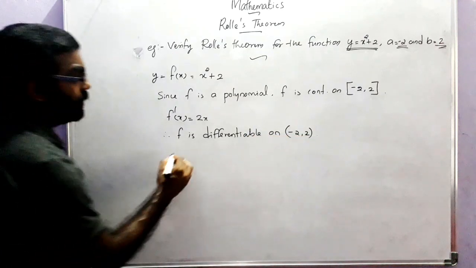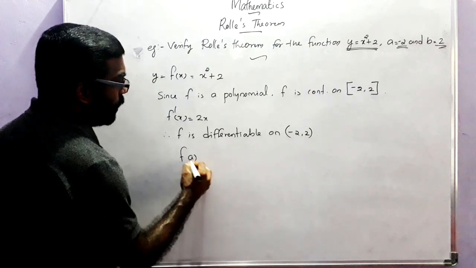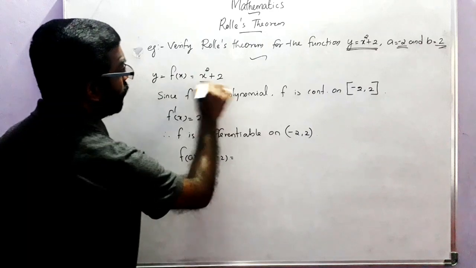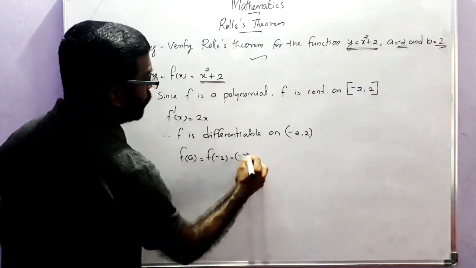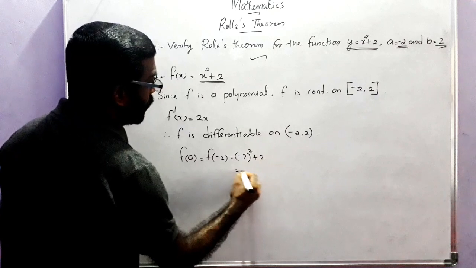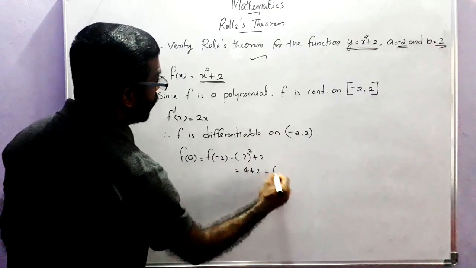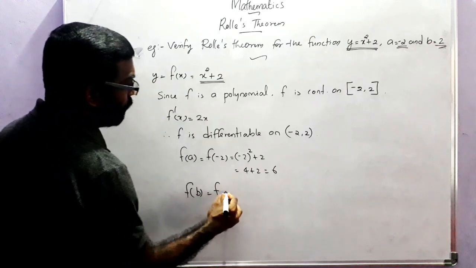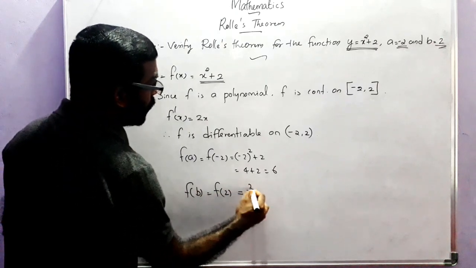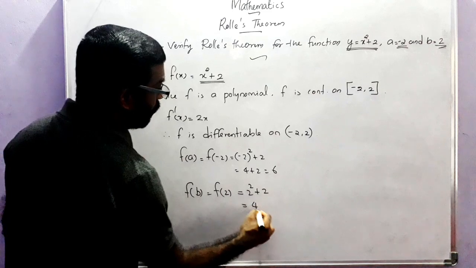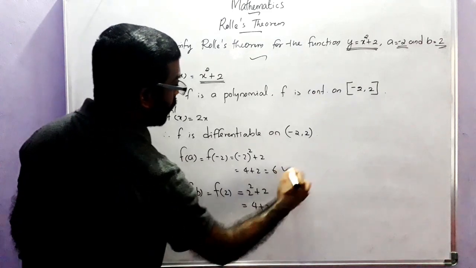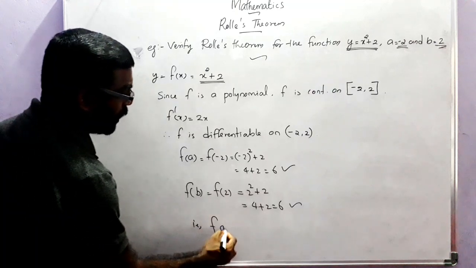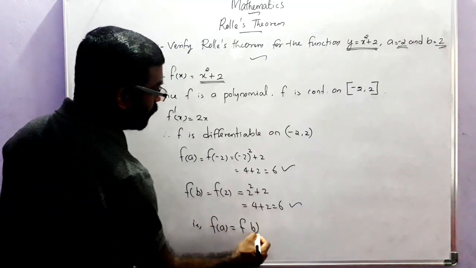Now we can find f of a and f of b. f of a, here f of minus 2, is equal to minus 2 the whole square plus 2, that is 4 plus 2 which is equal to 6, and f of b, which is f of 2, is 2 square plus 2, which is 4 plus 2, again 6. That means both the values are the same, that is f of a is equal to f of b.